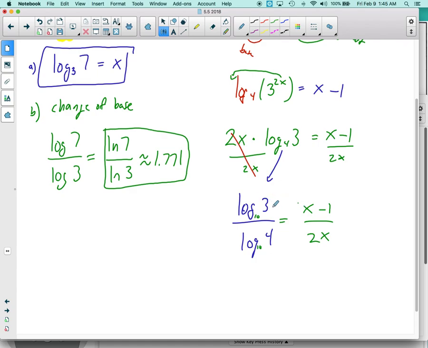It doesn't matter where we start, but if I start here and cross multiply, we will need to distribute as we do that. Remember, log of 4 is just a number. Think of it as a 4 or something that we're distributing. So it's 4 times x and 4 times 1. It is a little more complicated than a 4, but it's the same idea: a number times x and then that same number times negative 1.